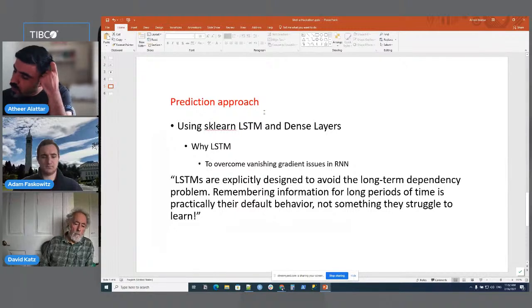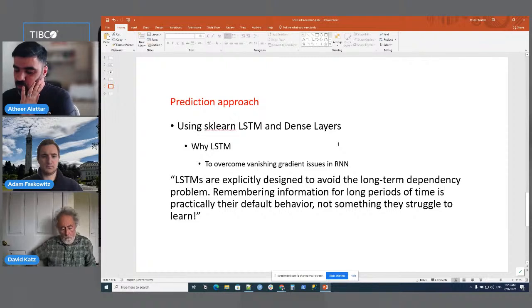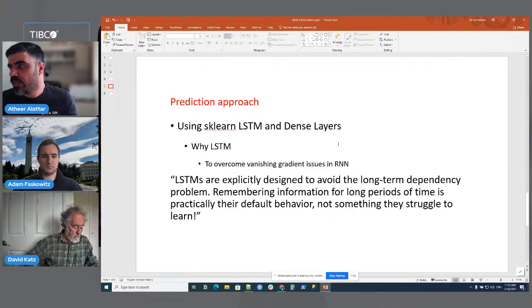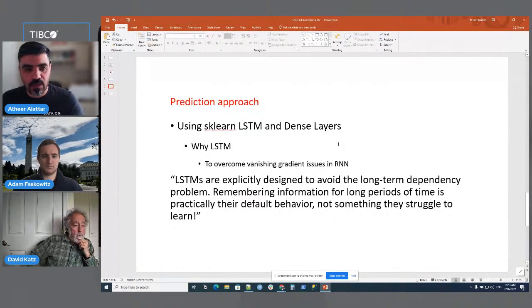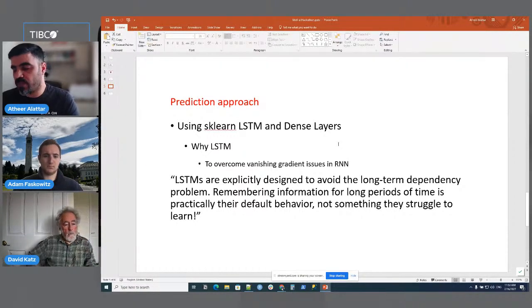Looking at the literature, there were a lot of recommendations to use LSTM, because one of the issues neural networks suffer from is the vanishing gradient. As the learning process continues, the gradients get close to zero and add no new information to the weights when you update them, so you reach a plateau.